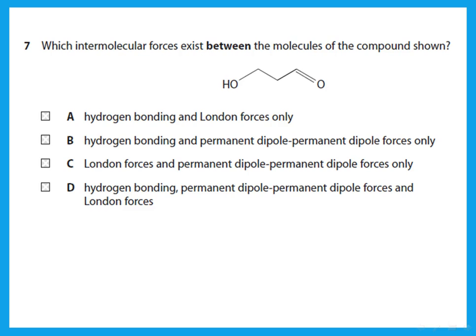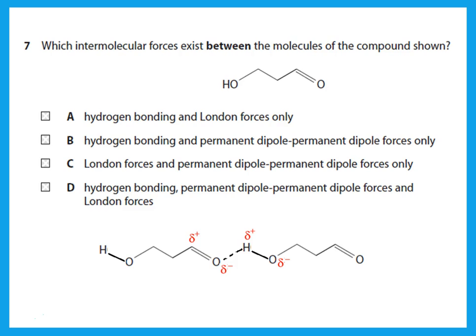Which intermolecular forces exist between molecules of the compound shown? Well, let us look at this molecule. What kind of intermolecular forces can we have? Remember that if I have an OH, then there is a permanent dipole because oxygen is more electronegative than hydrogen, so there is permanent dipole. So that is one interaction.